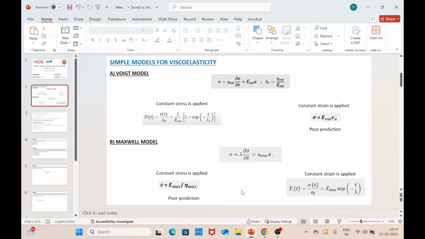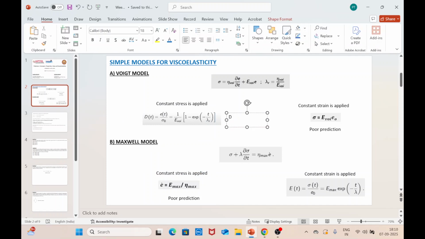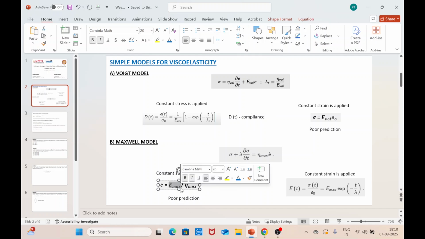Yes. And the D over here is nothing but the compliance.